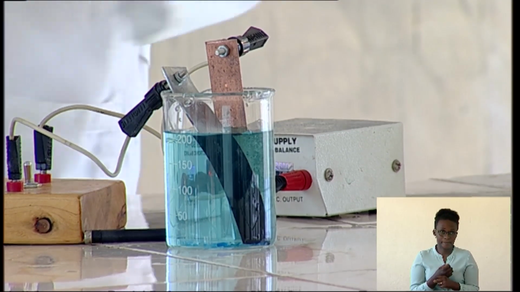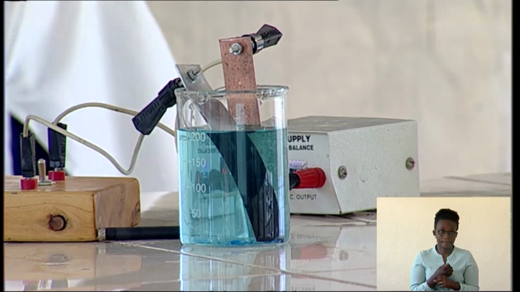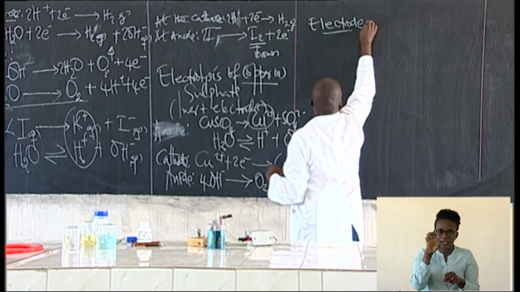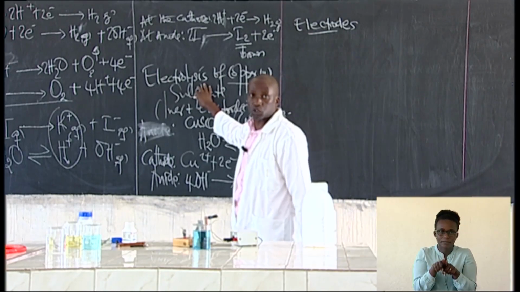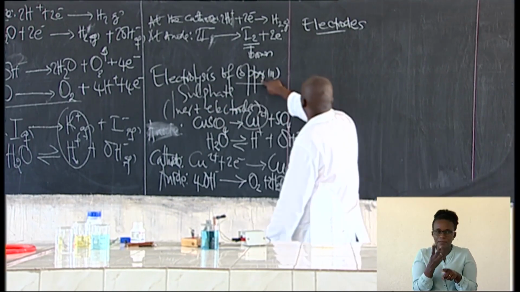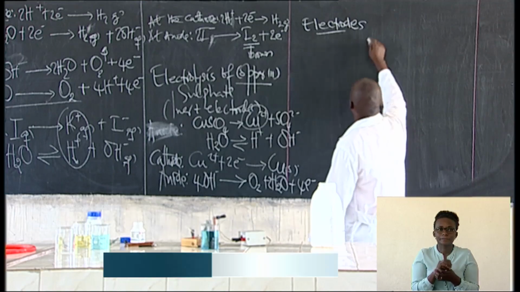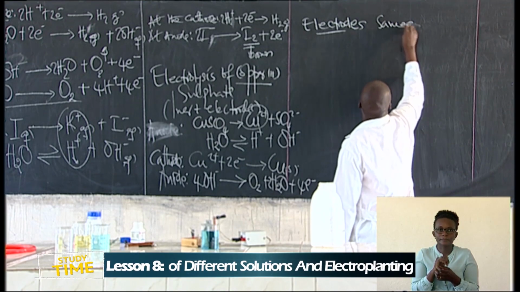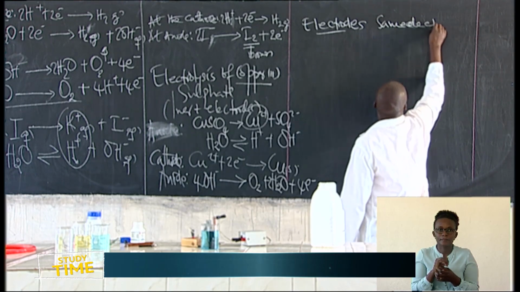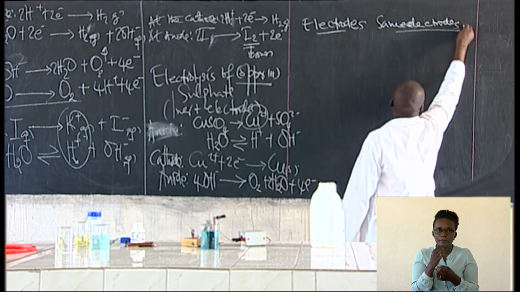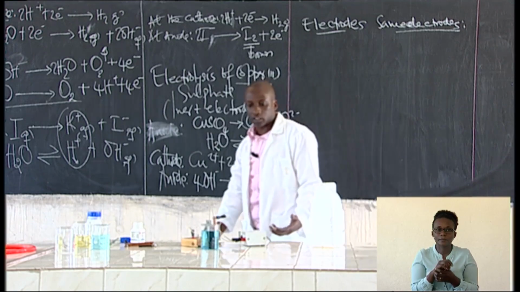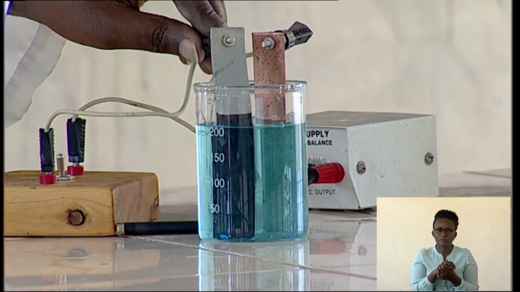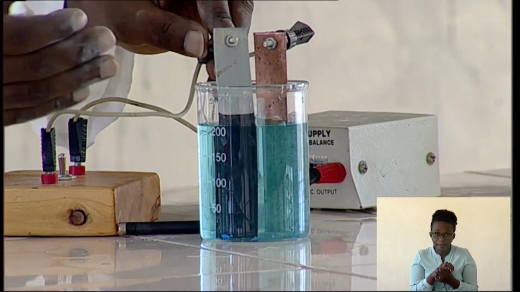So we said if the electrodes are similar, it is still the same solution, electrolysis of copper 2 sulfate, but here we are looking at the same electrodes. So what do we expect? Even when you look inside there, you will tell that there is a certain layer.